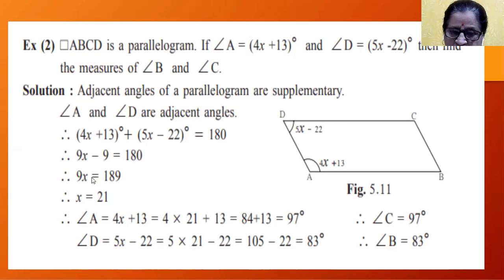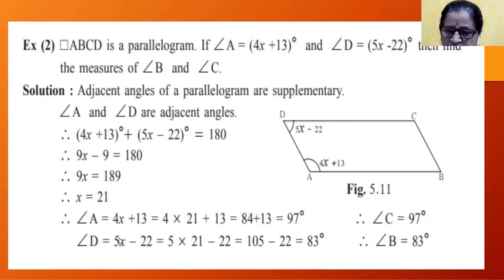Then we put the value in the equation. Angle A's measure is 4x plus 13. 4 times the x value 21 plus 13: 84 plus 13 is equal to 97. And angle D's value is 5x minus 22.